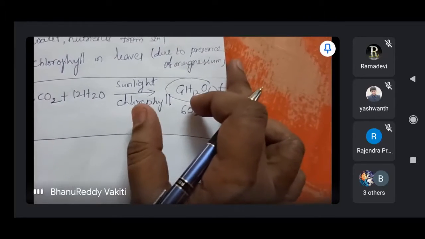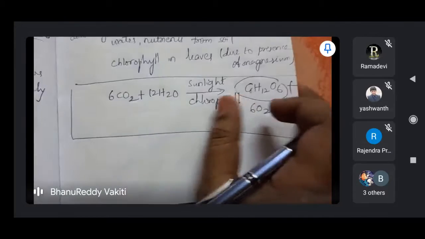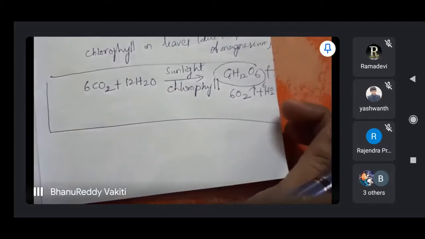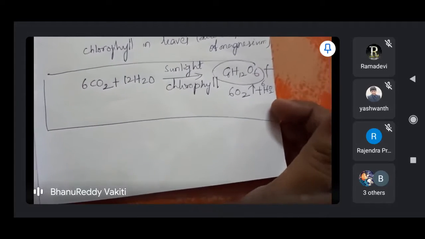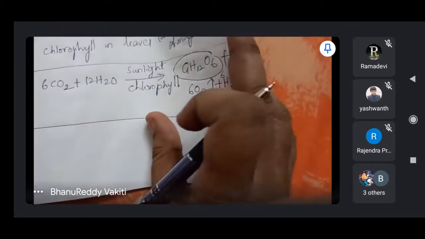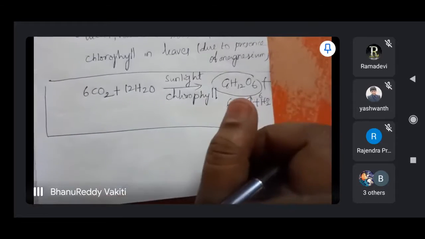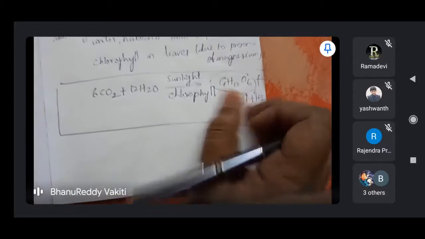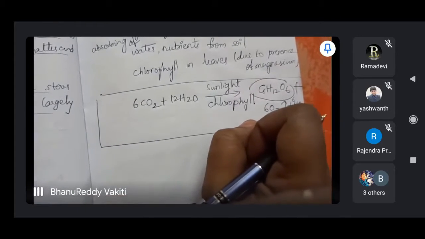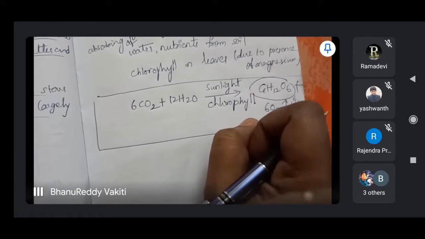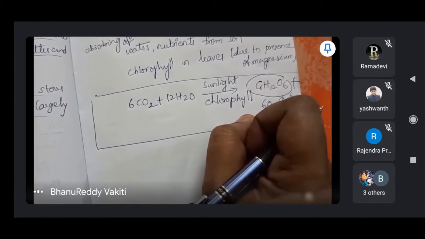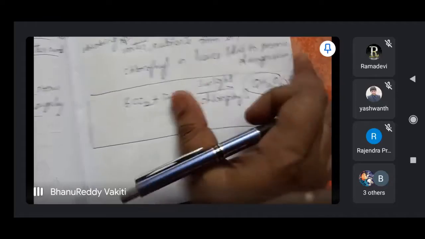Plants are the ultimate source of food for living organisms, and the sun is the ultimate source of energy for all living organisms, because the sun gives energy to the plants and plants are the source for us.